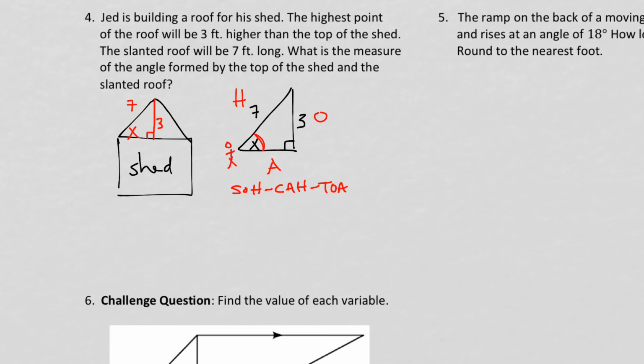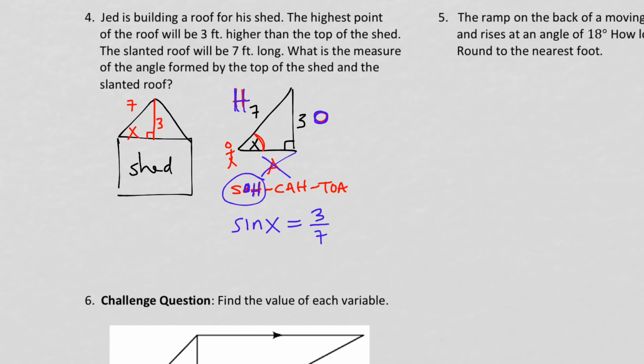In this case, I know the opposite side is 3 and the hypotenuse is 7, so I'm not going to use the A here. So I'm going to use the opposite side and the hypotenuse. So I'm going to find that in sine. That's where I get opposite over hypotenuse. So I'm going to use sine in this example. Sorry about that error. So I'm going to say sine of the angle that I don't know, x, equals the opposite over the hypotenuse.